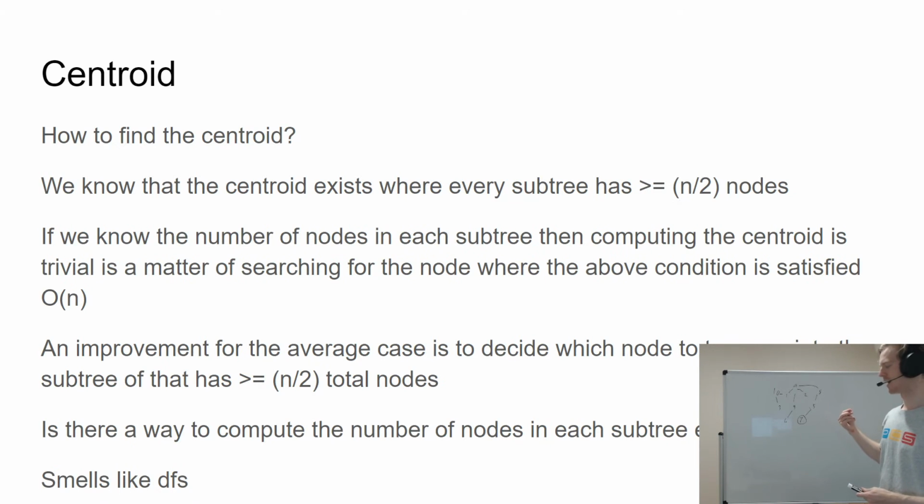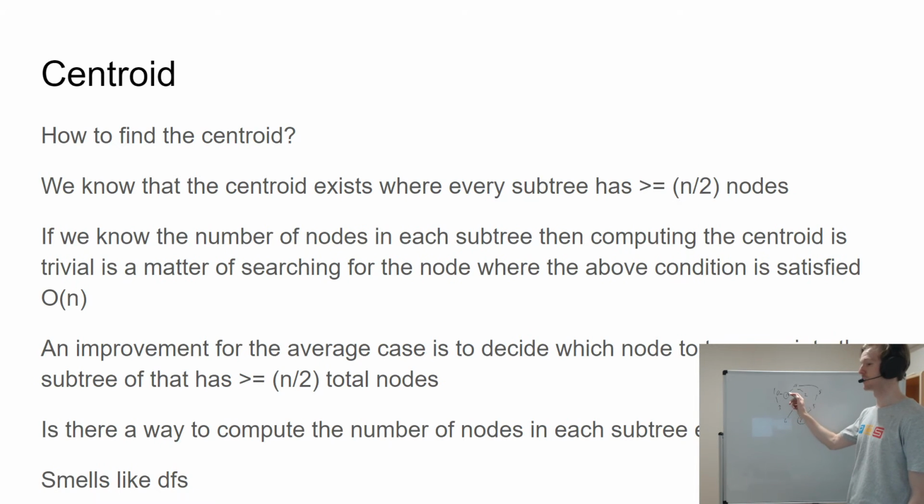And for computing the size of each subtree, apologies for that. If I'm at this node here, I know the total number of nodes, and I know the subtree size here.